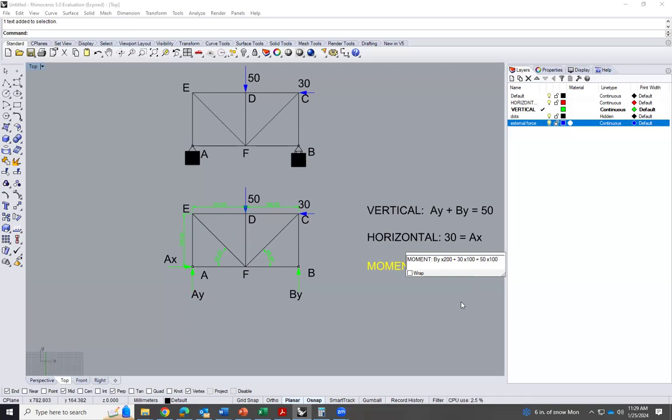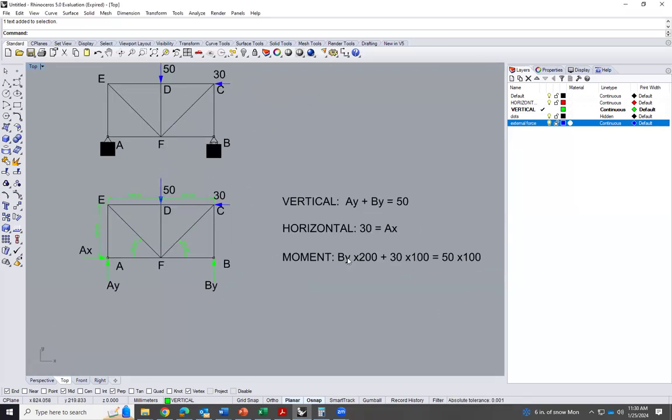So that's the equation of equilibrium when it comes to the moment, to the rotating force that we can have here. So we have three unknowns, AX, AY, BY, and three equations. With the horizontal equilibrium, we can calculate AX. AX is 30. So we can type here that equals 30. That's pretty easy.